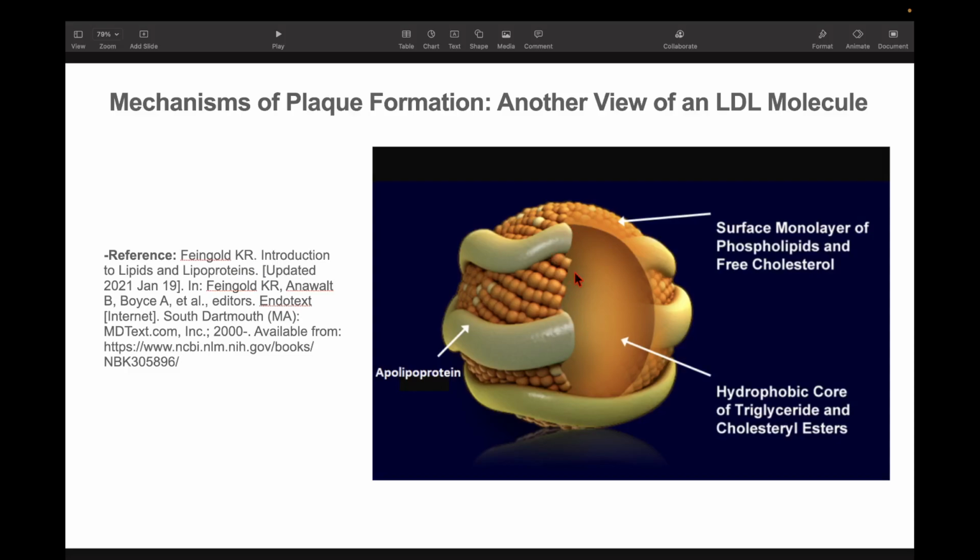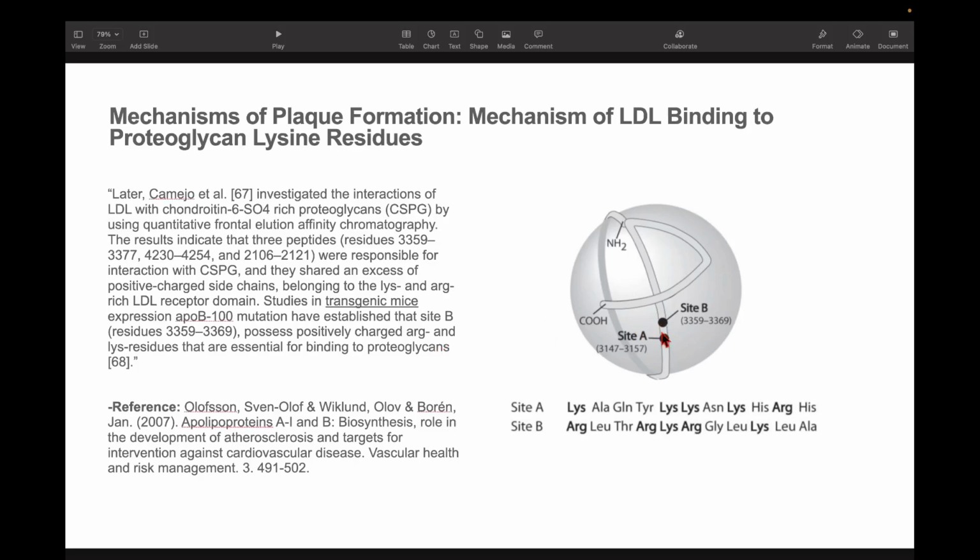So most of the LDL or HDL structures, these lipids, and then there's proteins on these lipids to help transport them through the blood, just so you can get an idea. And the apolipoprotein is what has the binding sites, as we saw here, that allow it to interact directly with the proteoglycans in the vascular wall, and that'll become more important, particularly when we talk about lipoprotein little a.